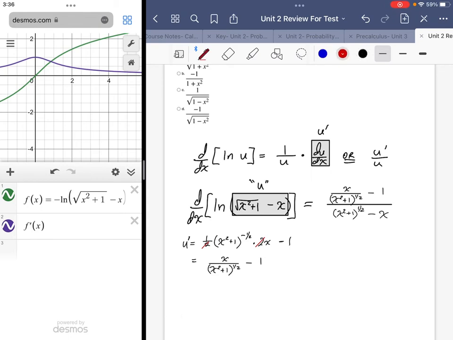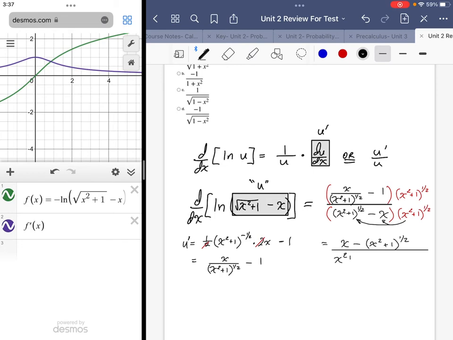I think our best bet is to multiply through with a common denominator, in this case x squared plus 1 to the 1/2. So top and bottom multiply by that. So we'd be looking at x minus x squared plus 1 to the 1/2 over, now on the bottom, a little distributive property.